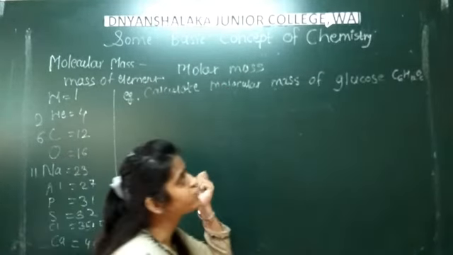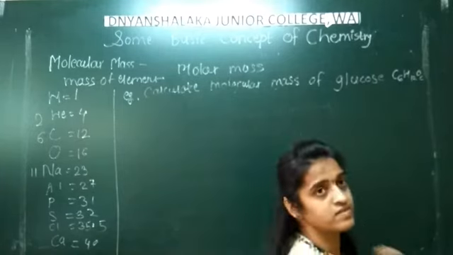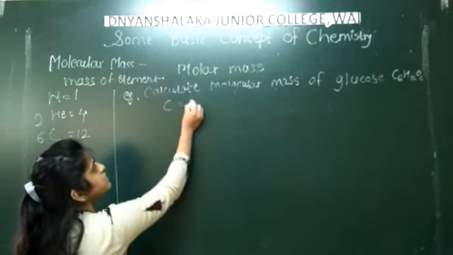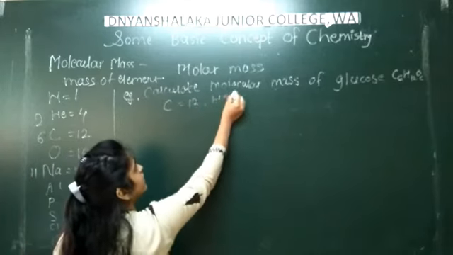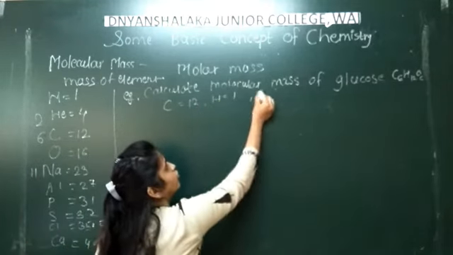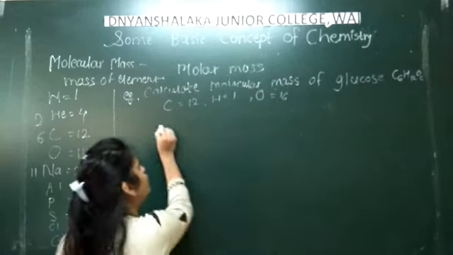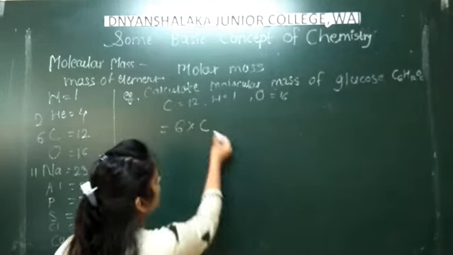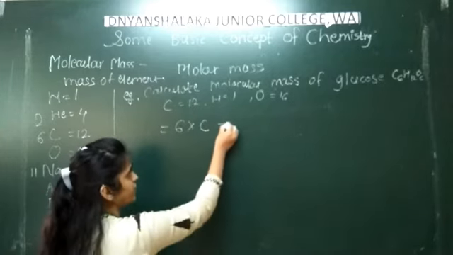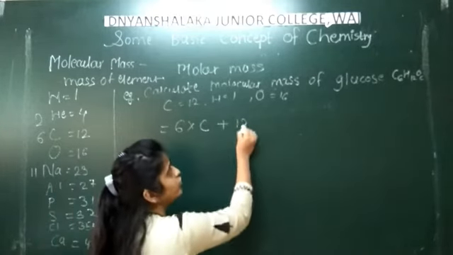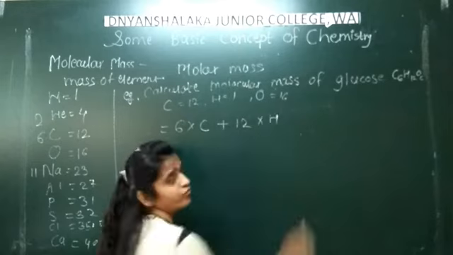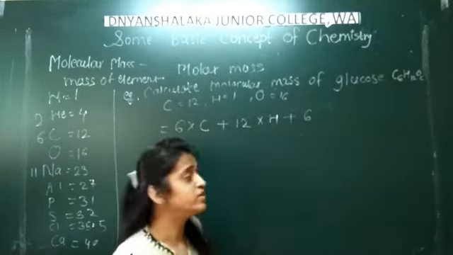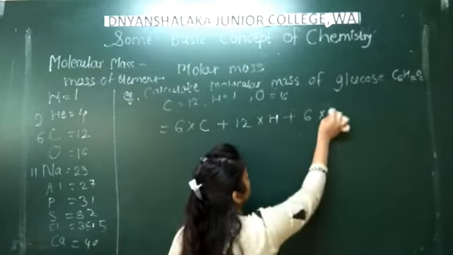calculate the molecular mass of glucose. Glucose formula is C6H12O6. So atomic mass of elements: C is 12, H is 1, and O is 16. So 6 moles of carbon into atomic mass of carbon plus 12 moles of hydrogen into atomic mass of hydrogen plus 6 moles of oxygen into atomic mass of oxygen.